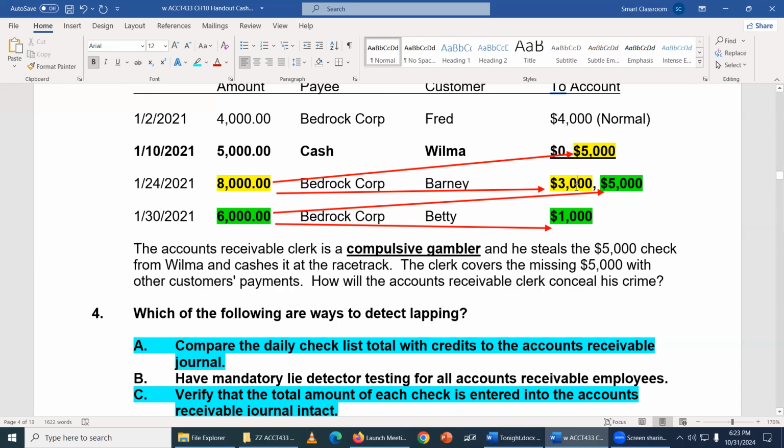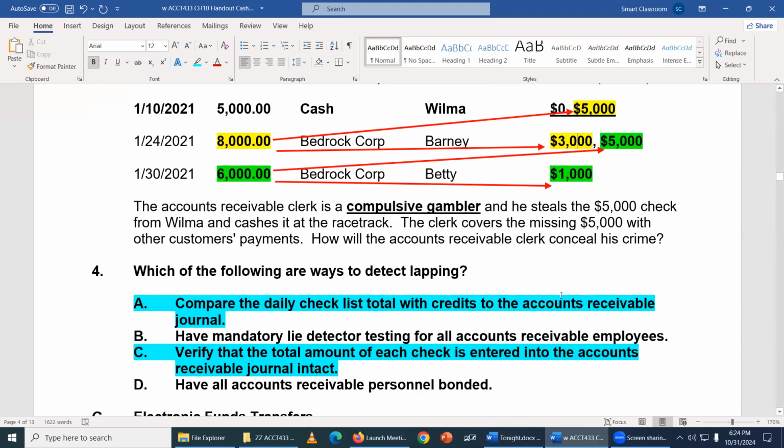And then you start looking and see, okay, it's going to two different accounts. That would be a red flag, obviously, that there's lapping going on. So those are probably two of the best ways to find it. Comparing the daily check totals with the amount in the accounts receivable journal, seeing that every check is actually entered. And secondly, making sure that they're entered intact. In other words, the total amount is applied to whoever's account that is.